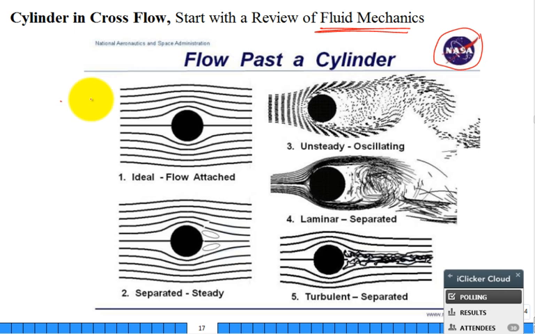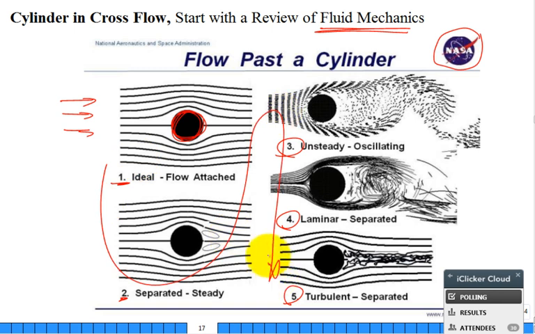So you have the fluid flow coming at a cylinder in crossflow. And what's this first case, second case, third case, fourth case, fifth case? What's changing as you go from 1 to 5? The speed of the approaching fluid often is the simplest way to think about it.